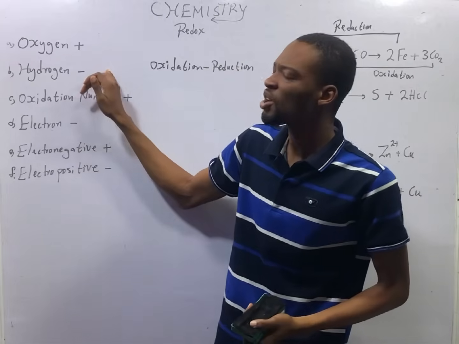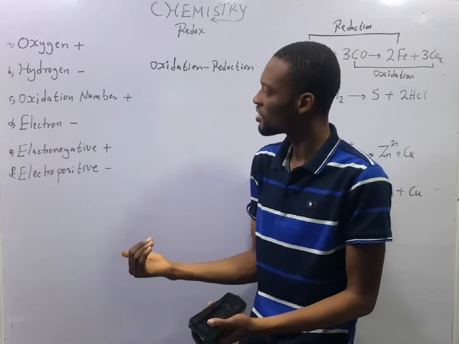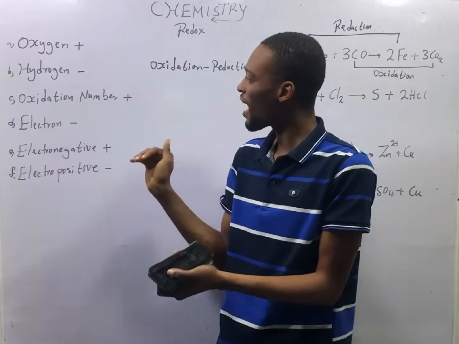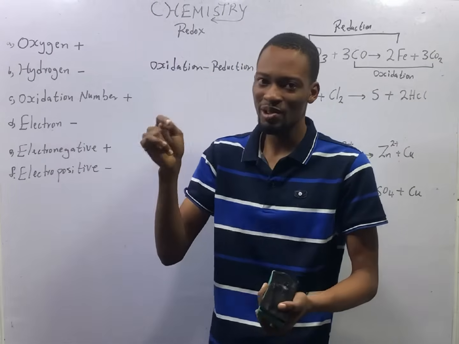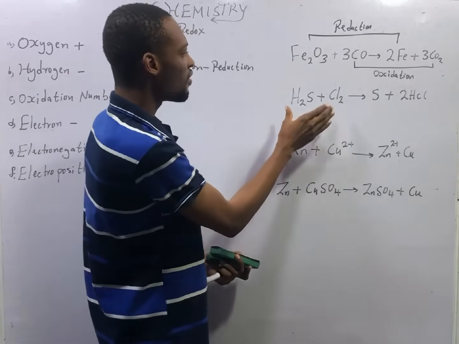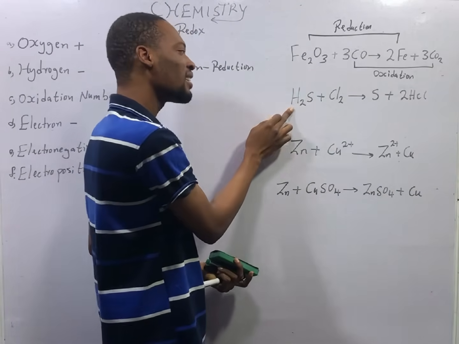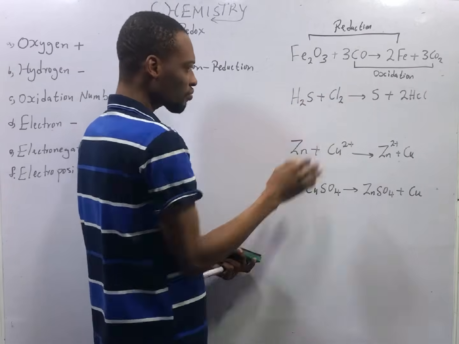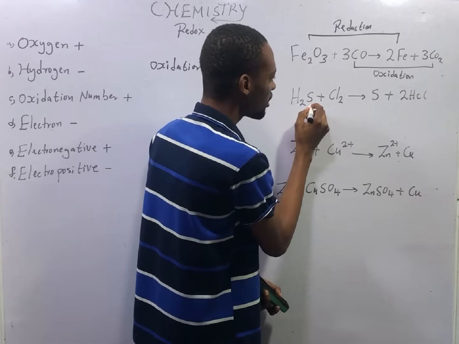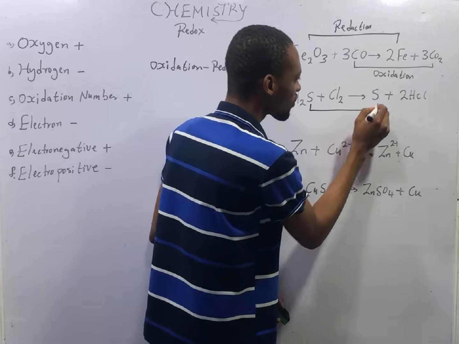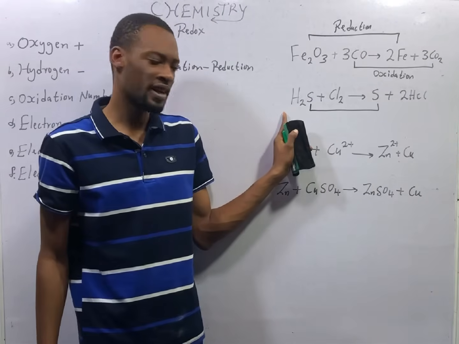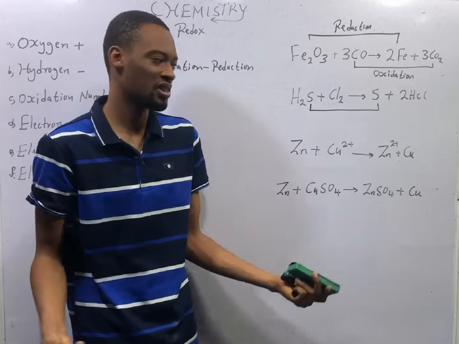In terms of hydrogen, oxidation is the removal of hydrogen from a compound, while reduction is the addition of hydrogen. So let's look at something. This is hydrogen sulfide and this is chlorine. What has happened? From here to here, you see that hydrogen has been removed from hydrogen sulfide. And what is the removal of hydrogen?